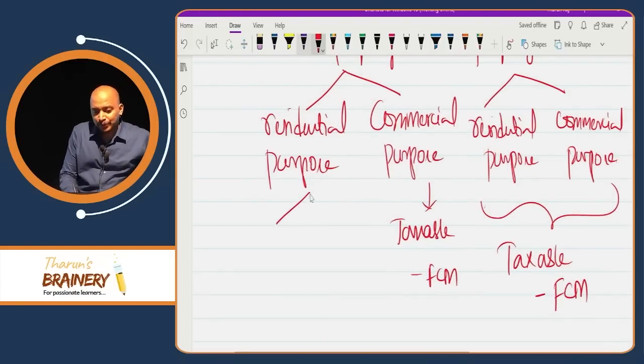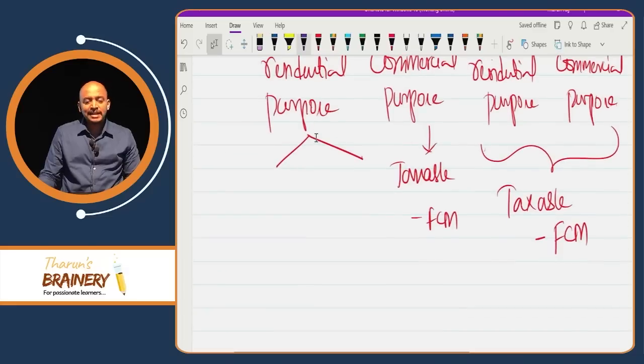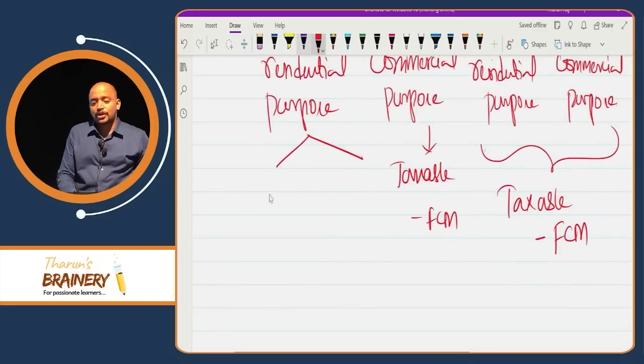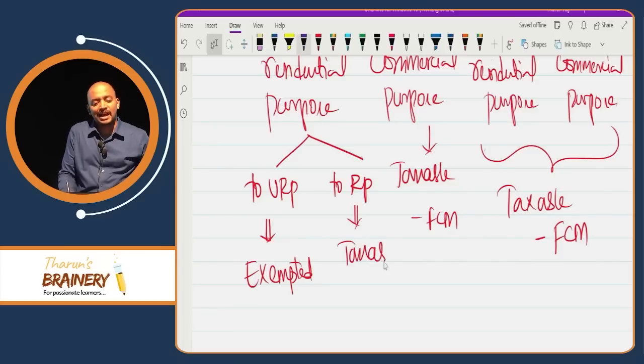Again divide it into two: renting to an unregistered person or to a registered person. If we are giving on rent to an unregistered person, it will be exempted. If we are giving on rent to a registered person, it will be taxable under RCM.